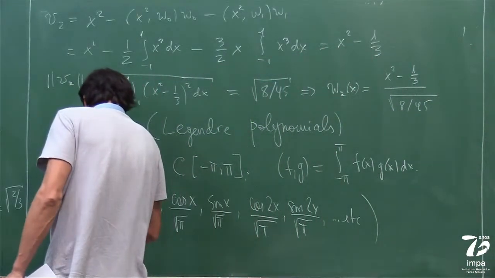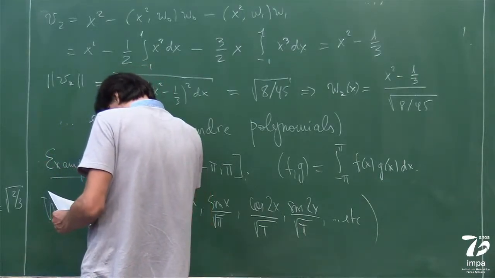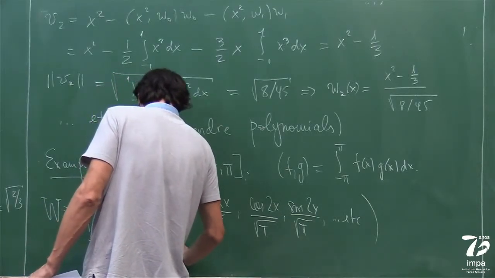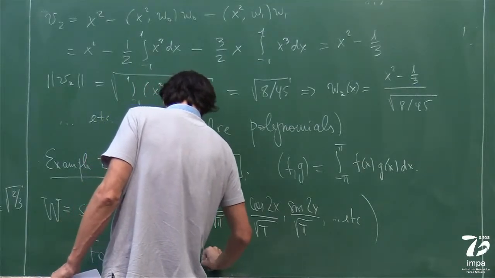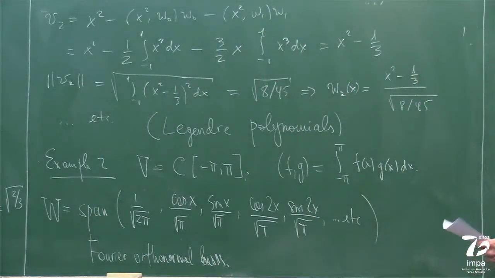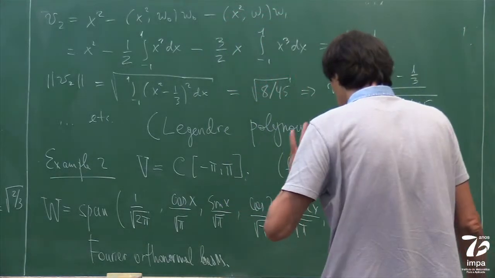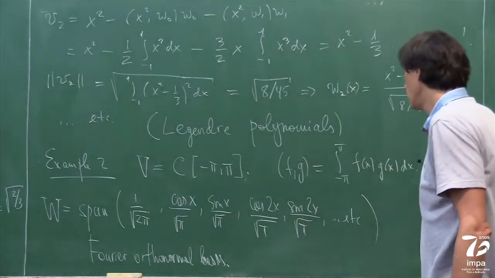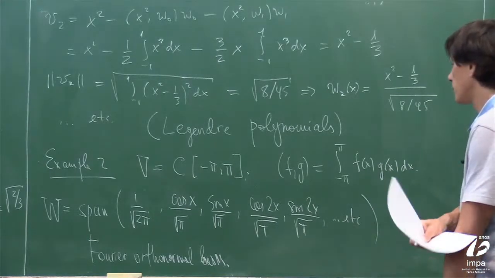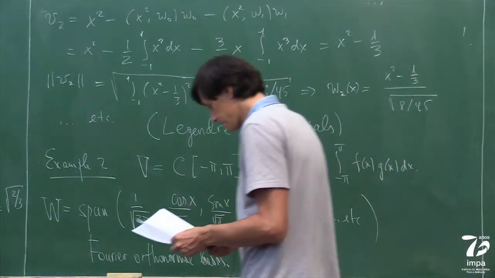It's the Fourier orthonormal basis, which is an approximation of any continuous function on a periodic interval of 2 pi. Again, it's orthonormal, so you can expand it with a projector, and the coefficients will be just scalar products, the integrals. So this is how it works.